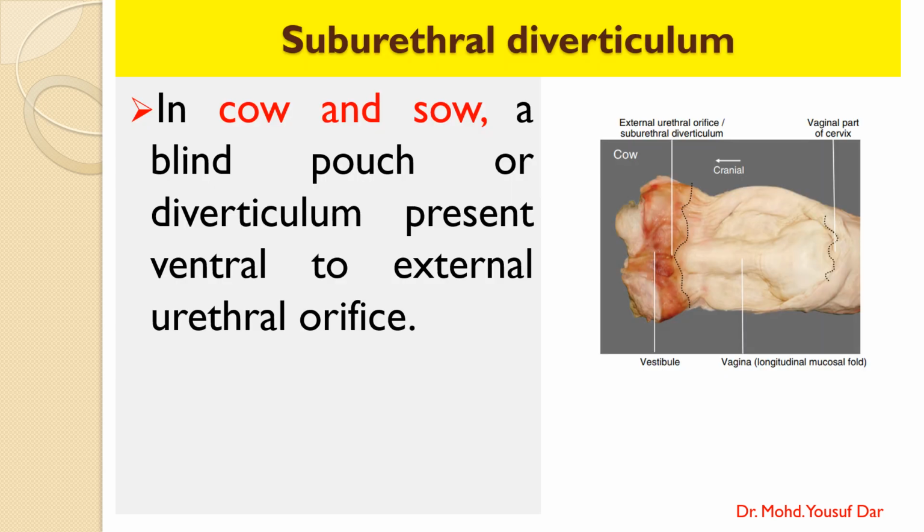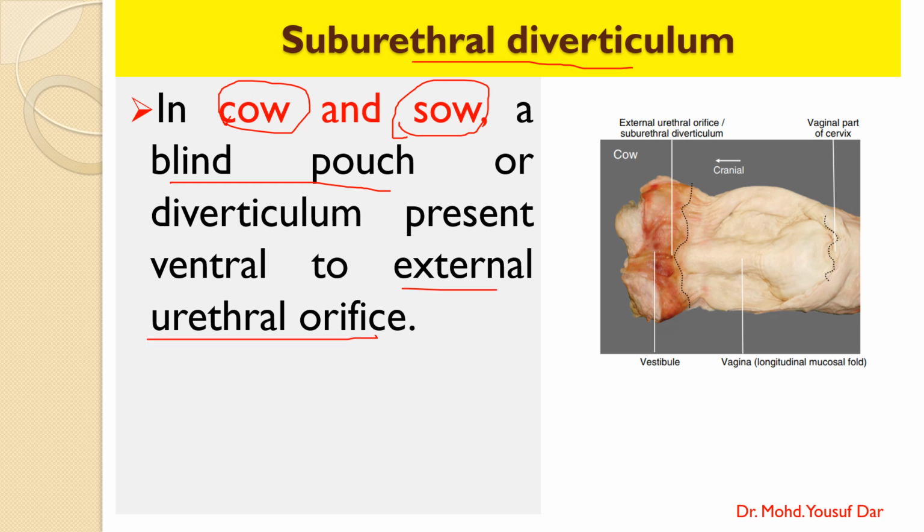So now coming to a very important term called suburethral diverticulum. What is it? In case of the cow and sow, there is a diverticulum or a blind pouch that is present ventral to the external urethral orifice. So this is the vagina, this is the vestibule.